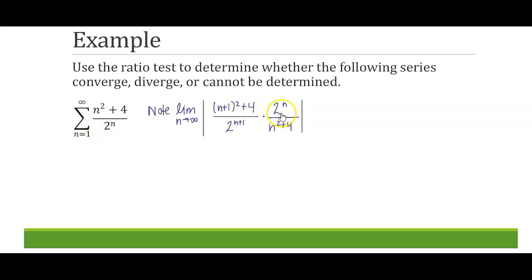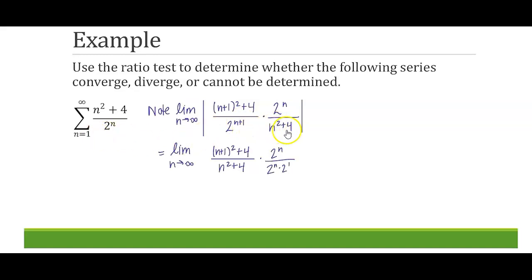Since everything here is positive, we can go ahead and drop those absolute value bars and evaluate the limit as n approaches infinity of, now I'm going to think about the n plus 1 squared plus 4 over n squared plus 4 part, separate from 2 to the n over 2 to the n times 2 to the 1.